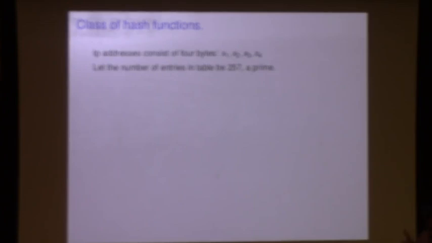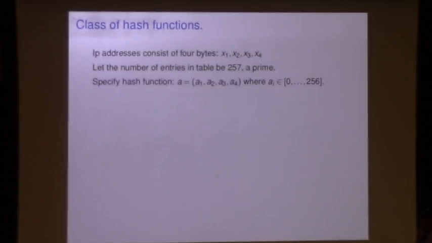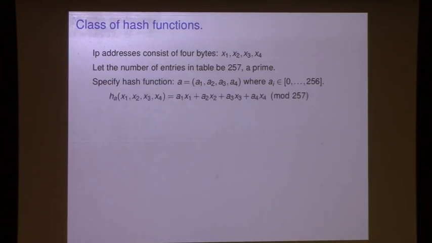I'm picking a prime, and you'll see why in a minute. And now I'm going to say a hash function is specified by 4 numbers, A1, A2, A3, A4. And the hash of my IP address, remember the IP address is 32 bits, or 4 8-bit bytes, 4 bytes.